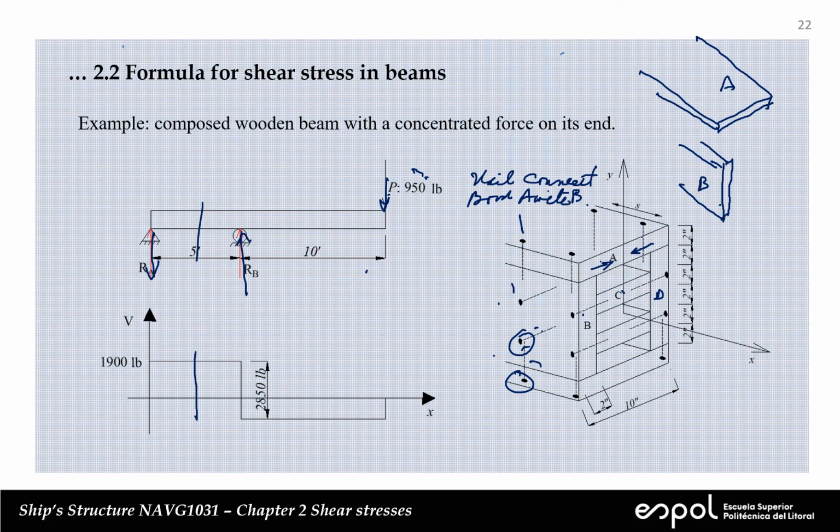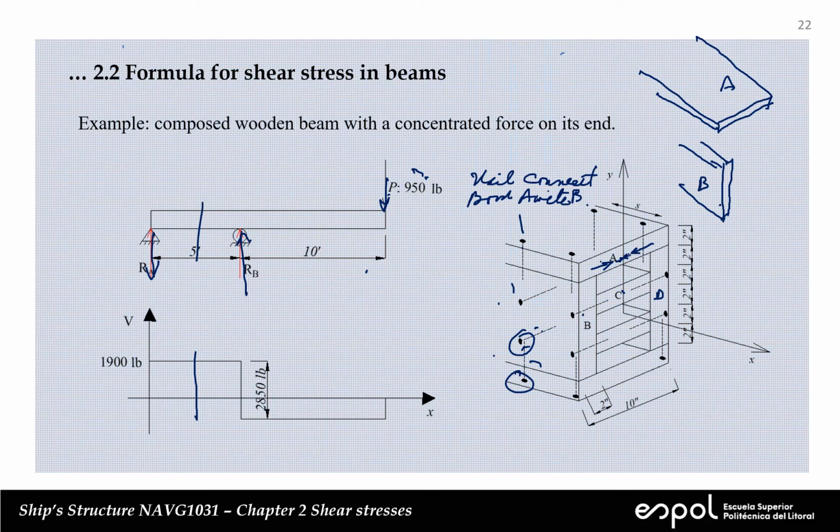So if we move to the right, the shear stress is smaller. On the symmetry axis, it will be 0, and then we change sign. So this one here will be smaller, but pointing in the opposite direction.